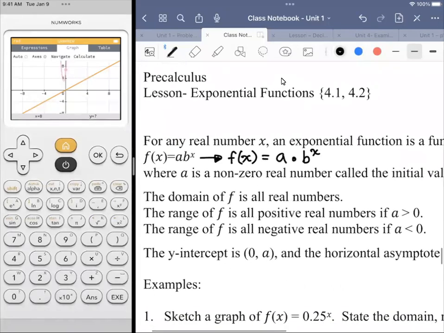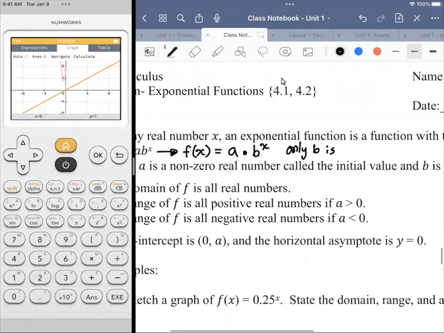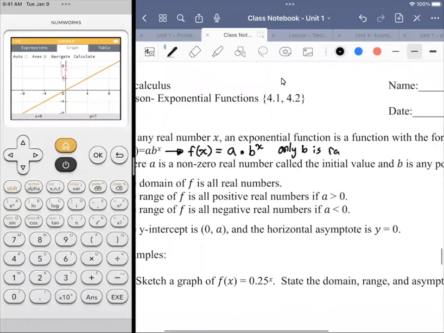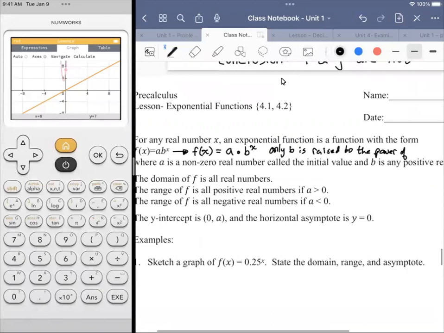You might say, well, you did not add anything to the conversation here. Yeah, obviously. But what I'm saying in a nutshell is only b is raised to the power of x in this model.